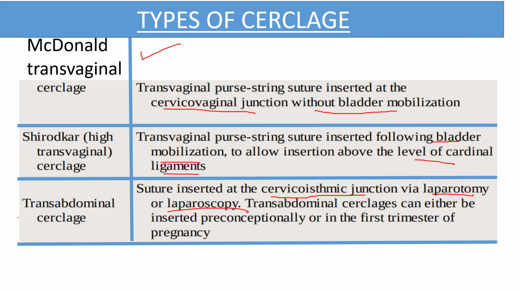And remember, whenever you have to apply transabdominal cerclage, you can apply it even before conception. If you have a strong history of cervical trauma or cervical weakness, you can even apply it before conception or in the first trimester. And when you apply transabdominal cerclage, you have to deliver such a baby by C-section. These are two important points that can be asked in MCQs.